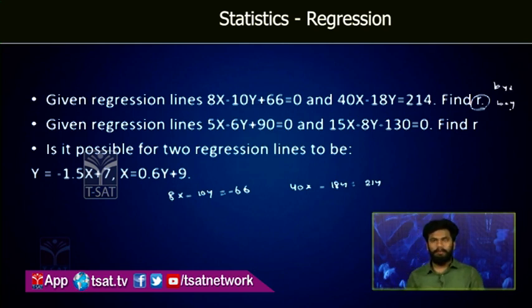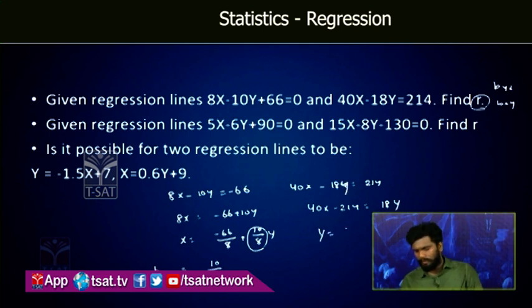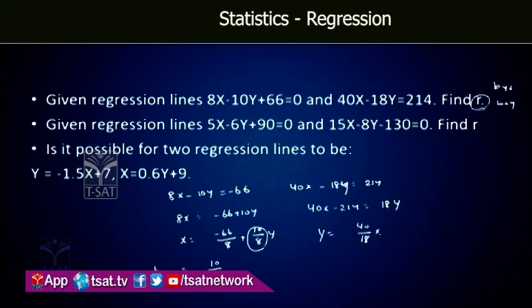Now check here, 8x is equal to minus 66 plus 10y, x is equal to minus 66 by 8 plus 10 by 8 into y. So this is the value of b x on y, it is 10 by 8. And similarly, 40x minus 214 is equal to 18y. Y is equal to 40 by 18 into x minus 214 by 18.